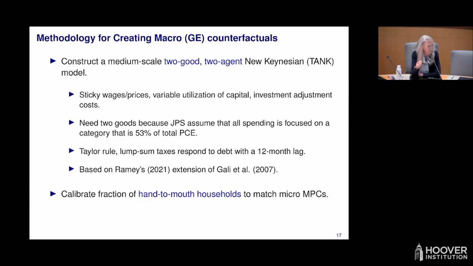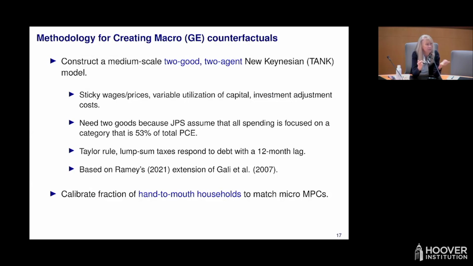We need two goods, though. Usually those models have only one good. We need two goods in this case because the JPS categories assume that all spending is focused on their non-durable category, which is only 53% of total personal consumption expenditures, so we add that second good.